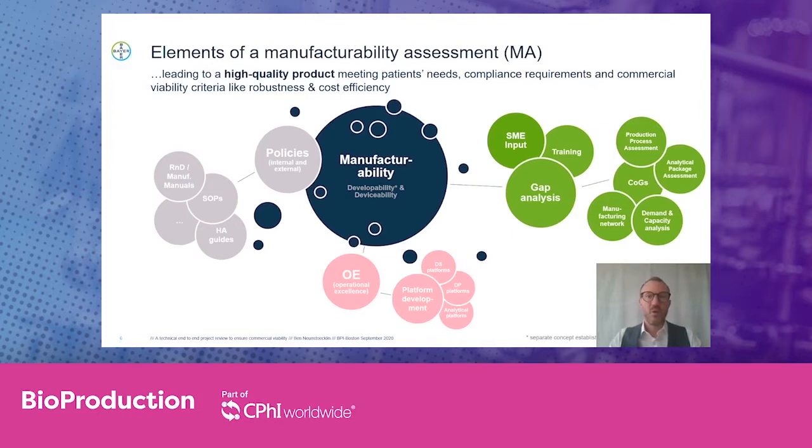However, what we consider most important is a proper gap analysis, which depends certainly on SME input and their proper training. And to ensure a proper gap analysis, we believe that elements like cost of goods, demand and capacity analysis, the manufacturing network, and the assessment of the production process and its analytical package are of utmost importance.